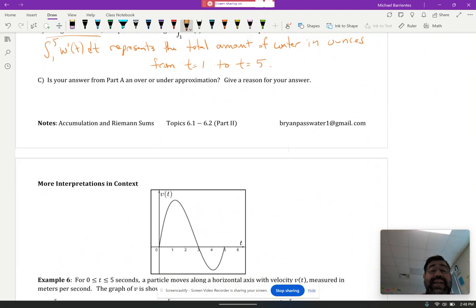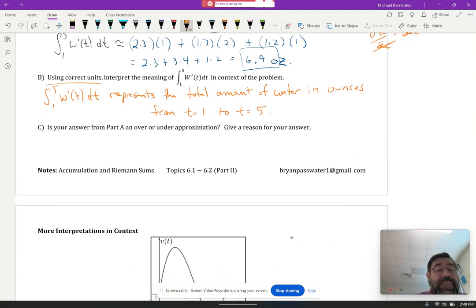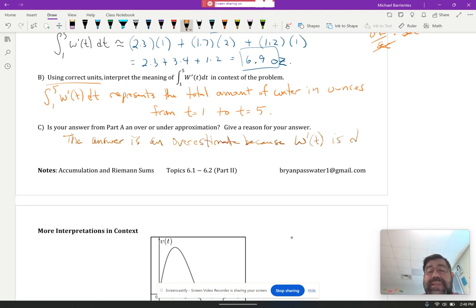So I can say the answer is an overestimate because w prime of t is decreasing. And that's it. That's all we need.